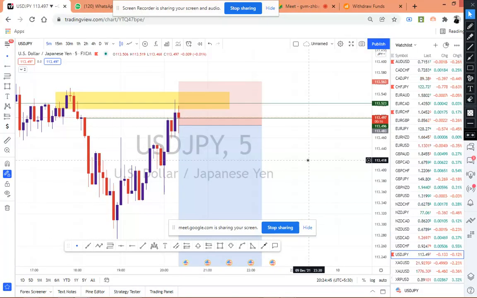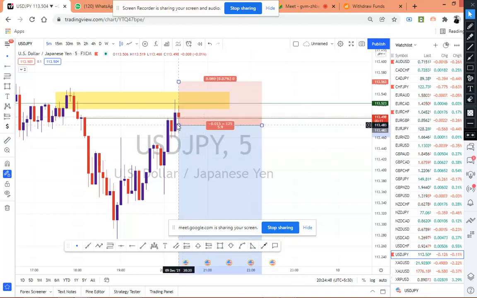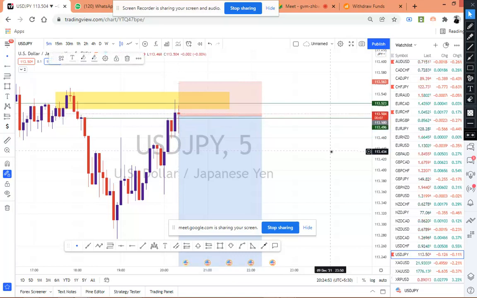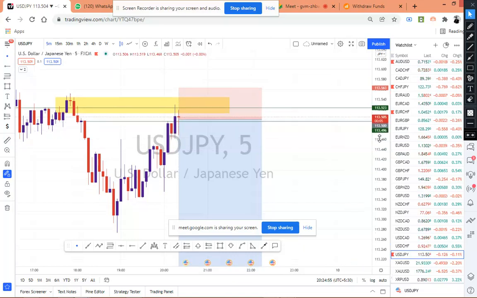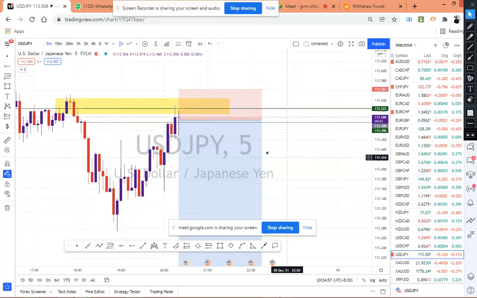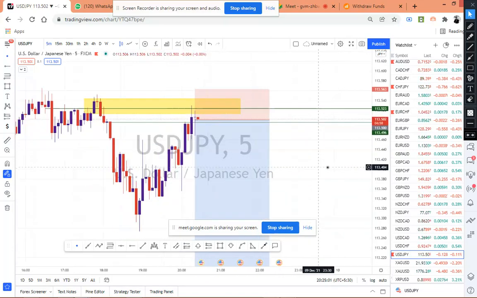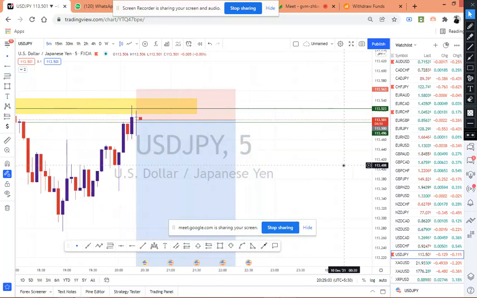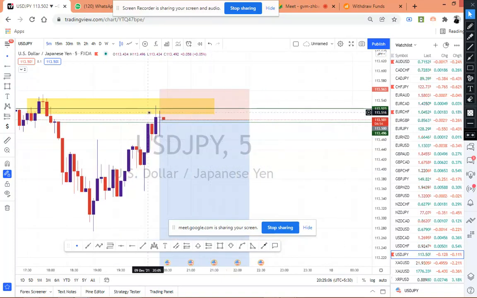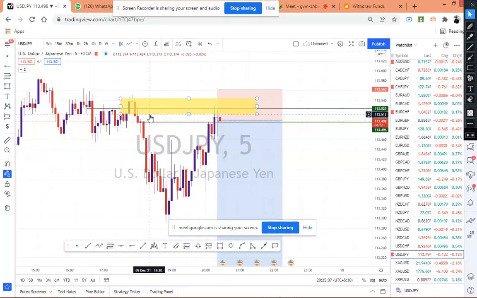Now you can see rejection. A small green candle from the resistance level indicating the weakness of buyers.